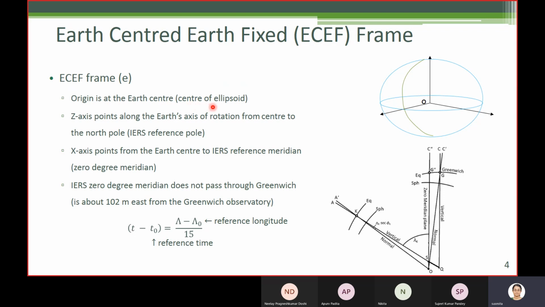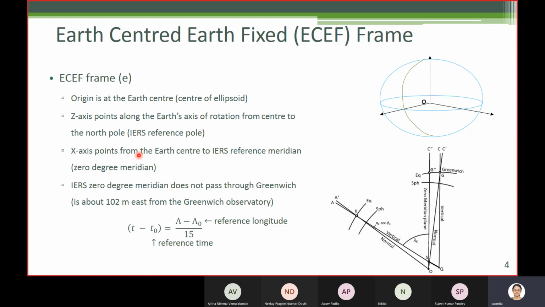We are going to define the ellipsoid today. The z-axis points along the Earth spin axis from the center of the ellipsoid to the north pole, and the north pole is taken as the IERS reference pole, IRP, which we defined yesterday. It's the average position of the pole, the north pole, surveyed between 1900 and 1905.